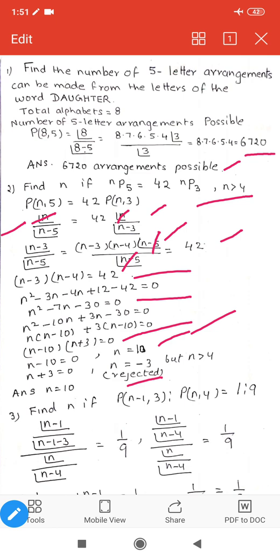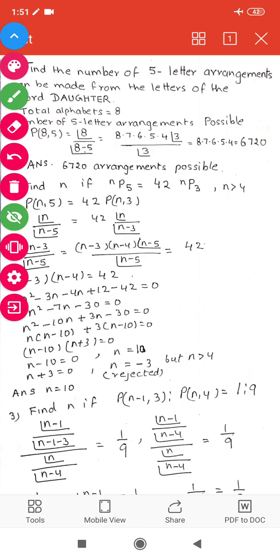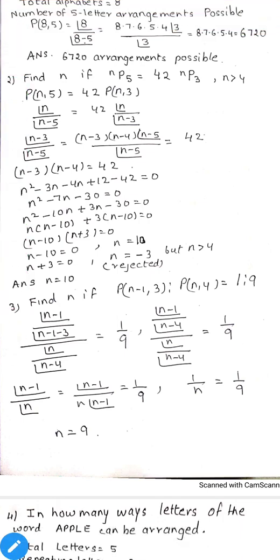Third question is: find n if P(n minus 1, 3) ratio P(n, 4) is equal to 1 upon 9. So what do we get? P(n minus 1, 3) is equal to factorial n minus 1 upon n minus 1 minus 3 factorial.